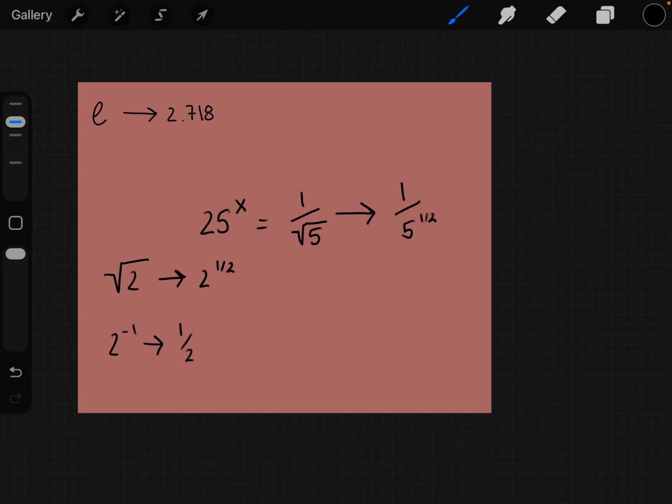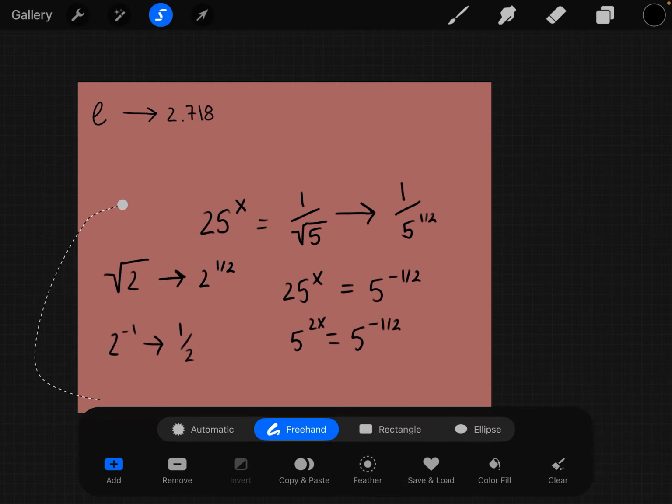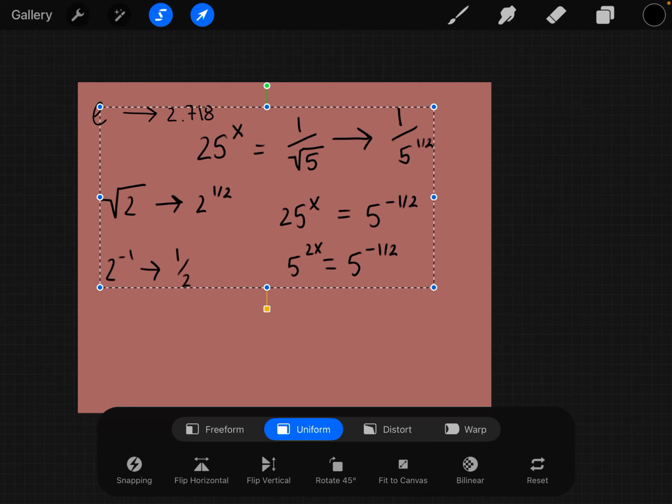So, to get the 5 up in the numerator, we can change it to, and then we can solve.